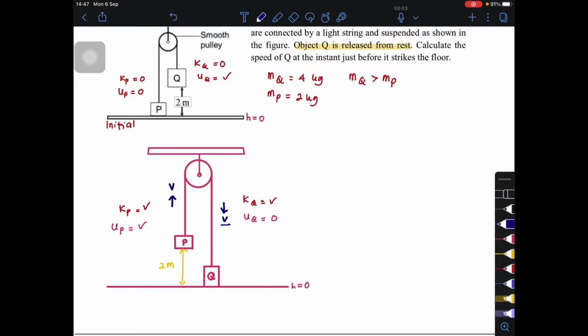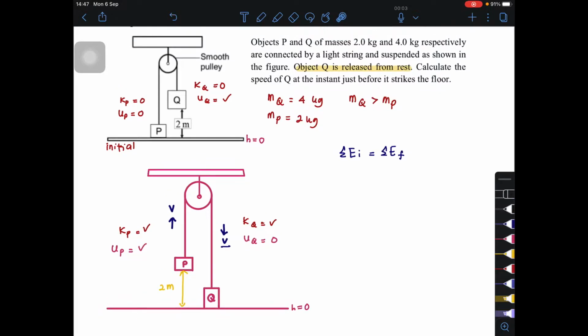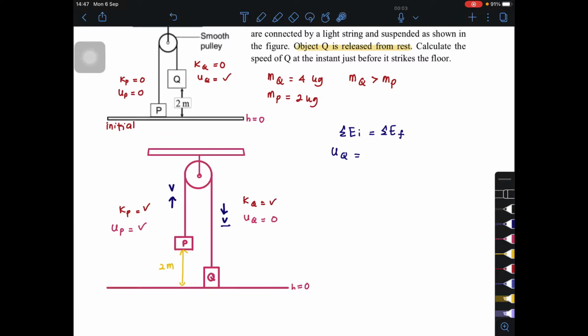So now, write out the formula for the principle of conservation of energy. Where initially we only have one energy involved, which is the potential energy of Q. And finally we have the kinetic energy of P, the potential energy of P and the kinetic energy of Q. So add them all.